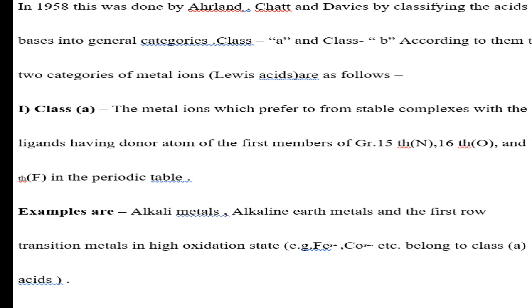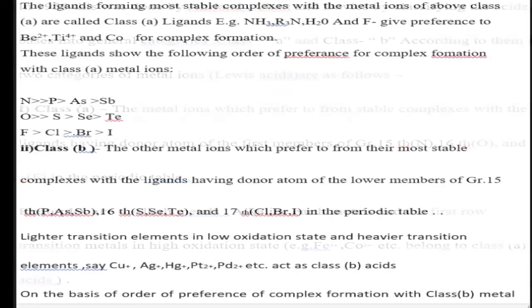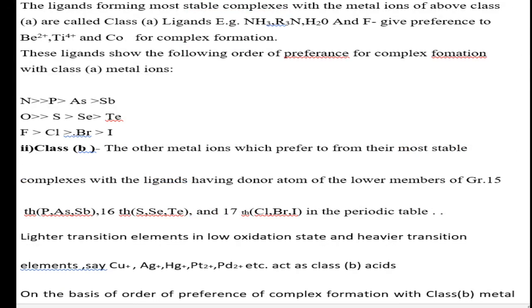Examples of this category are alkali metals, alkaline earth metals, and the first two transition metals in higher oxidation state, for example, iron in plus 3 state and cobalt in plus 3, which belong to the class A acids. The ligands forming most stable complexes with the metal ions of the above class A are called class A ligands.